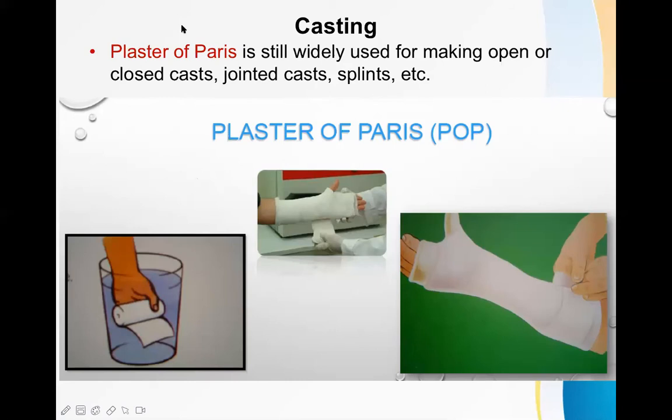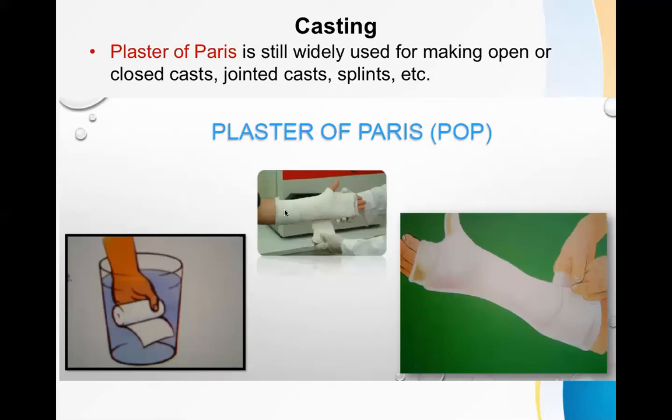Now, quickly have a look at this picture here. See here, this is the plaster of Paris. It will come like this as a roll. You quickly soak it in the water and then apply nicely, like this.